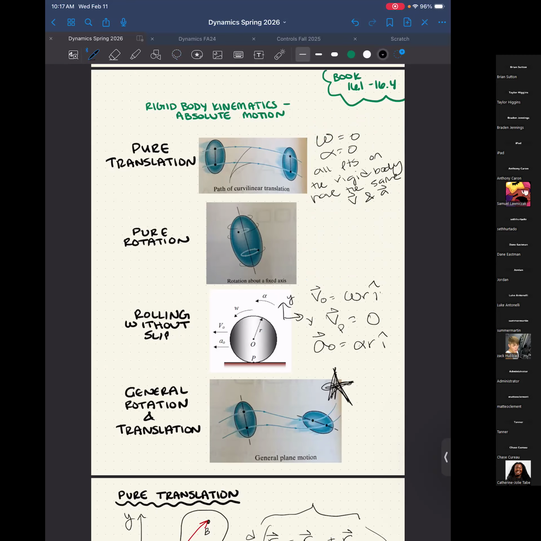Fixed axis rotation is, I believe, another equation on your equation sheet where the velocity of any point on the rigid body is equal to omega cross r P, where r P is the vector that goes from anywhere on the axis of rotation to point P.